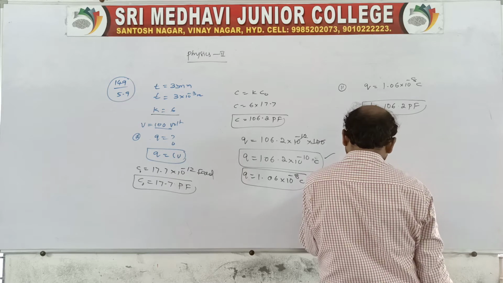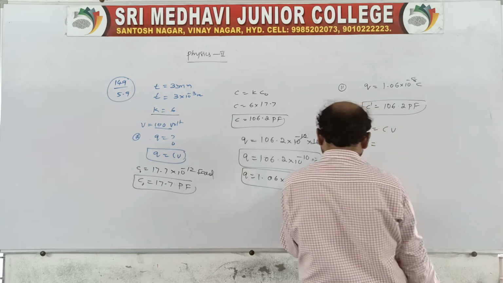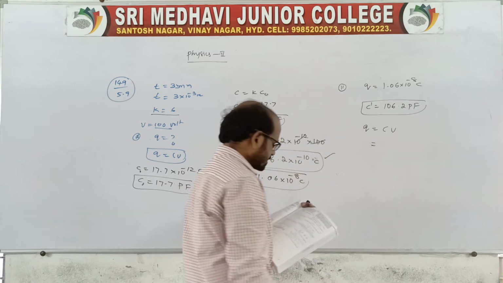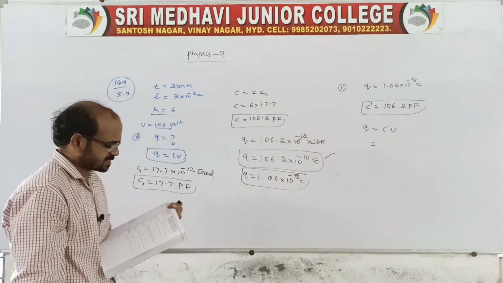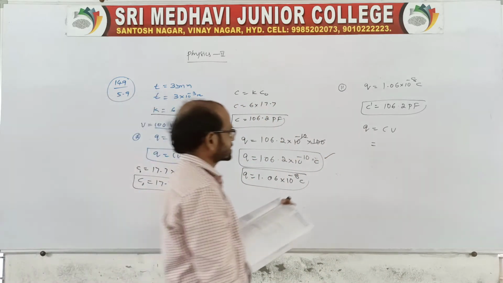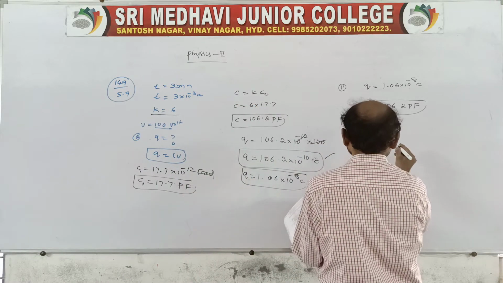So C into V, where C value will be 1.7 into 10 power minus 2, because we are calculating the charge.